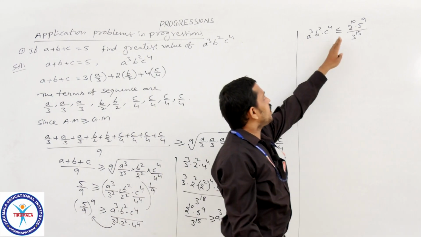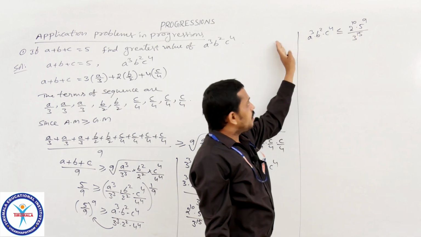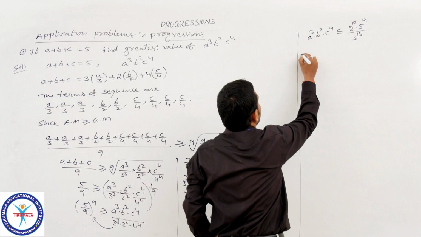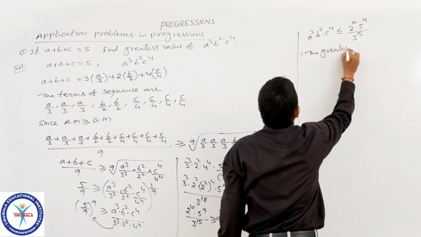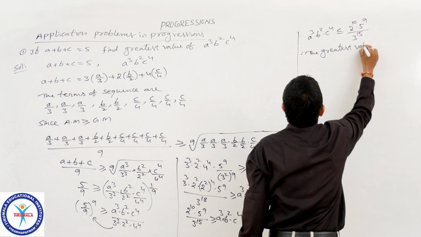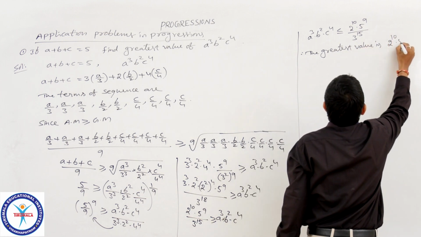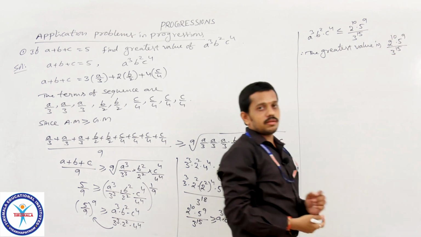Therefore, what is the greatest value? This value is either equal to this value or less than this value. So therefore, the maximum value, the greatest value, is 2 power 10 into 5 power 9 by 3 power 15.